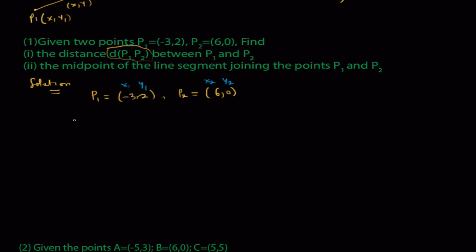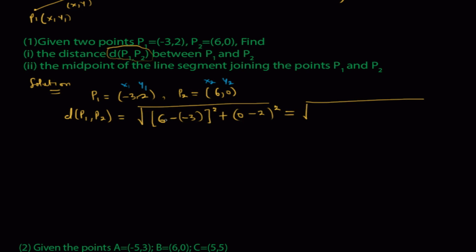Now to implement the formula, the distance between P1 and P2 is equal to the square root of x2 minus x1 squared, which is 6 minus -3 all squared, plus y2 minus y1 squared, which is 0 minus 2 all squared.